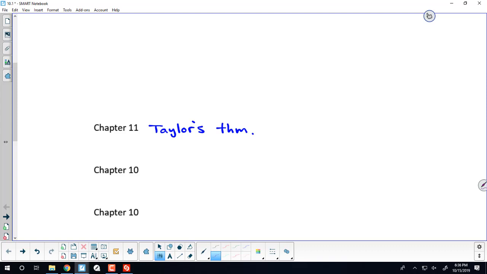And let me use the tangent line to approximate function values, right? So that's all the linear approximation was. So think of Taylor's theorem as linear approximation, but much better.